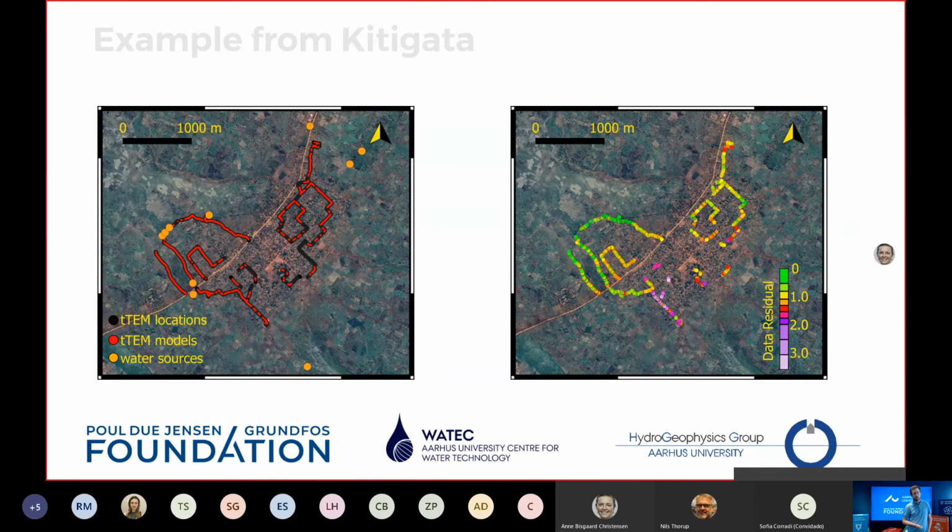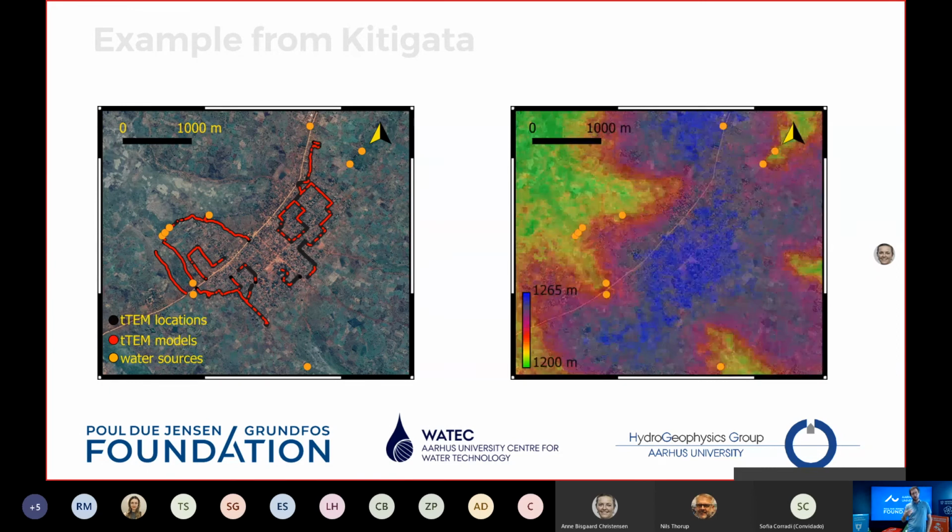If we click forward to the next slide. So beyond locating springs and wells, we try to amass all other supplementary data, and really that was all that was available in these areas was digital elevation models, or even global digital elevation models. So this is a 30-meter pixel digital elevation model, but what you can see is it just so happens that many of these communities tend to live at local highs in the topography.